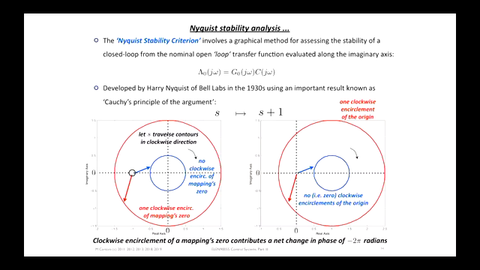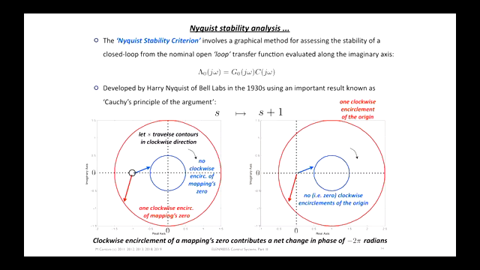So what we're going to do now is try to build an understanding of what Cauchy's principle of the argument is first, and then we will apply it to develop the Nyquist stability criterion.